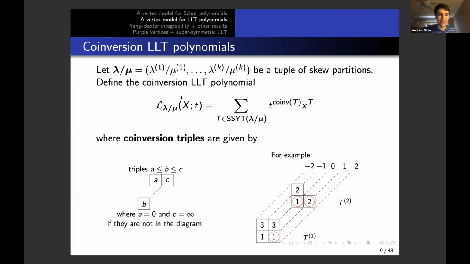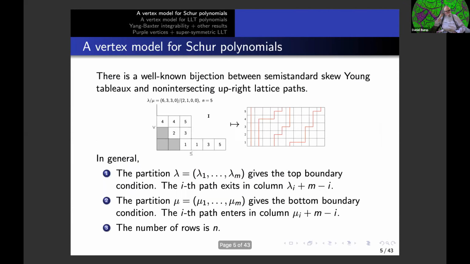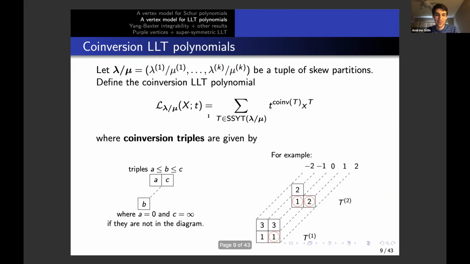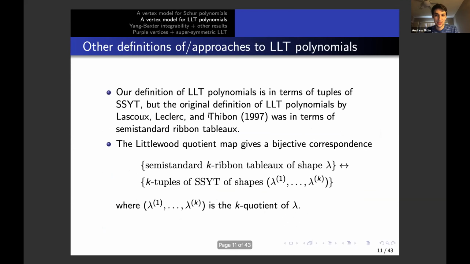Does anyone have any other questions for me? I have a question, but maybe it's not a fair question. There was a comment at the beginning of the LLT paper as to why they were studying LLT polynomials.